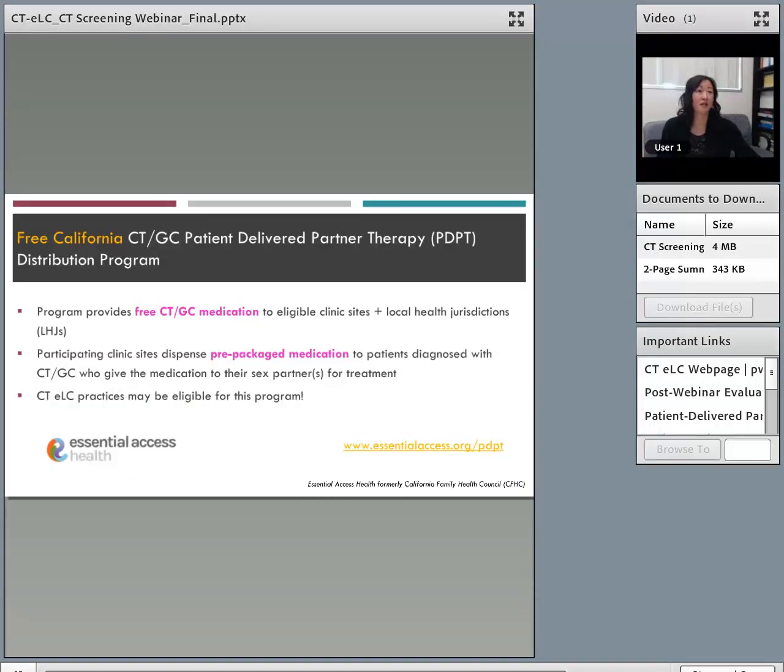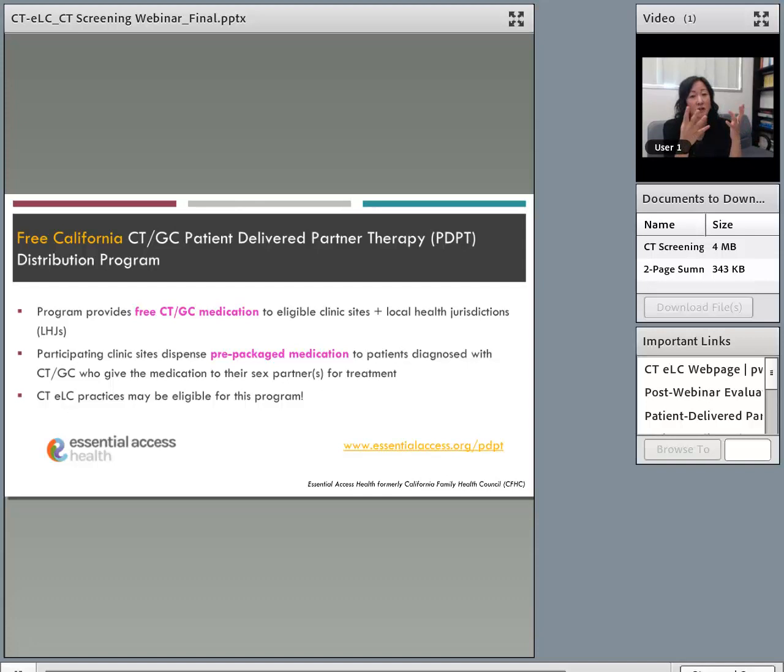I wanted to highlight that folks in California do have access to a free medication distribution program. The California Department of Public Health helps fund this through Essential Access, and I know Essential Access provides free prepackaged medication to eligible clinic sites and local health departments, and those prepackaged medications also have instructions about warning signs and about what chlamydia or gonorrhea is for the patients and their partners.